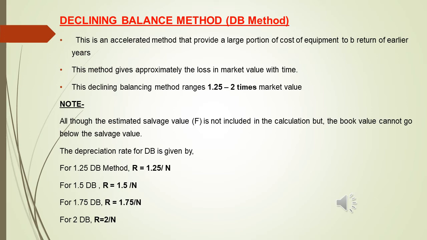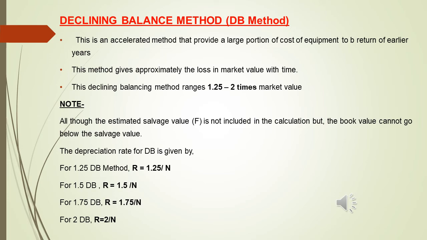So the second method is called the declining balance method, the DB method. I'll read this out. This is an accelerated method that provides a large portion of the cost of equipment to be written off in earlier years.